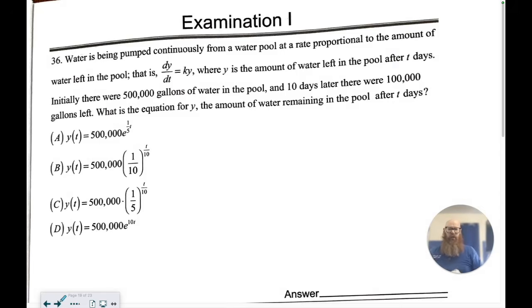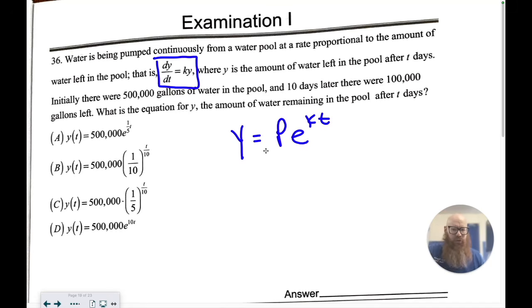So we take a look at 36. One thing that's really important that we know is that anytime you have a differential equation that looks like that, the solution to it is y equals P e to the kt, where P is your initial value. So what I'm going to do is solve for k.